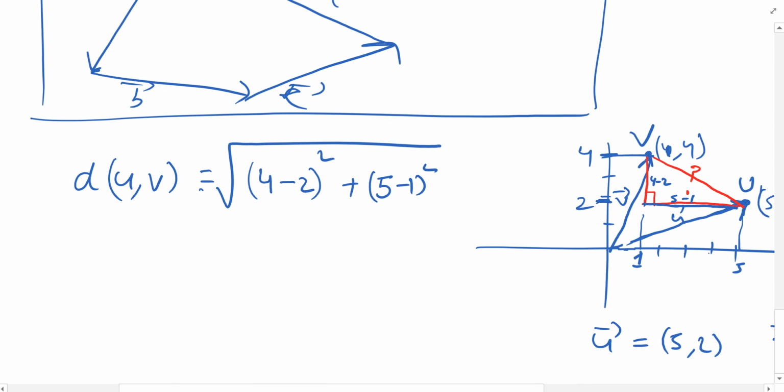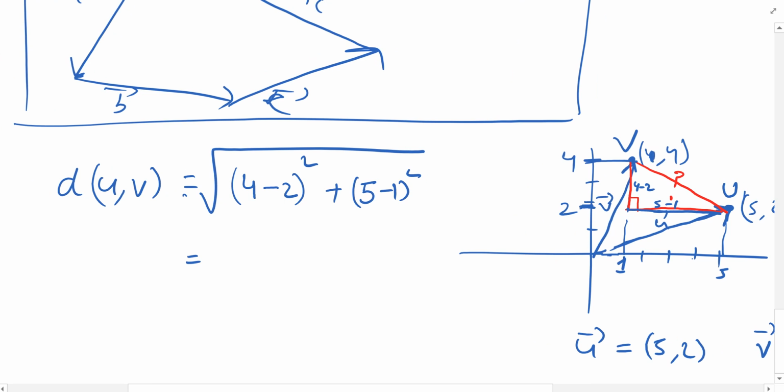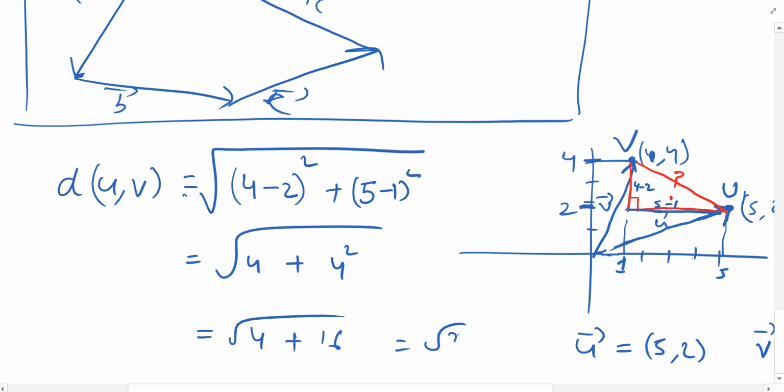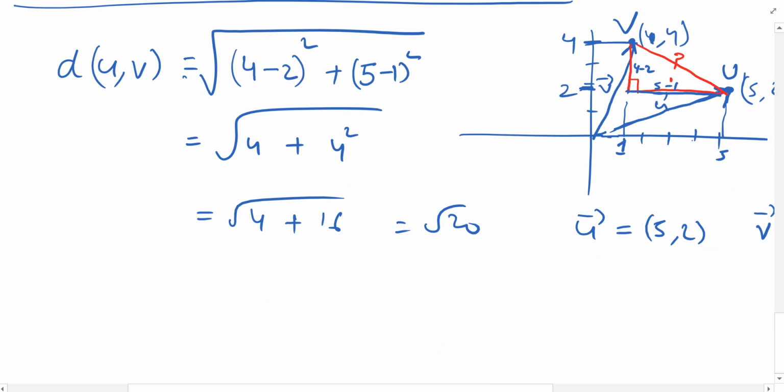Good. So we got 4 minus 2 is 2, 2 squared is 4, plus 5 minus 1 is 4, squared is 16, and the square root of that. So the square root of 20, if you simplify this thing, is going to be 2 square root of 5.